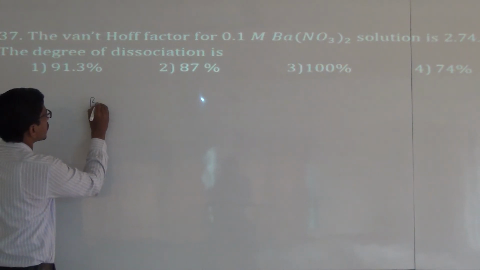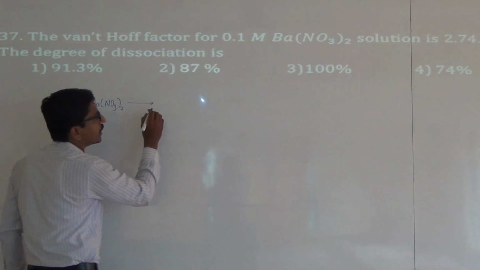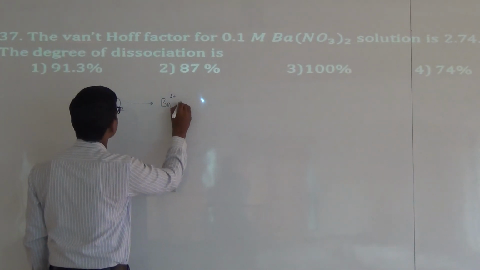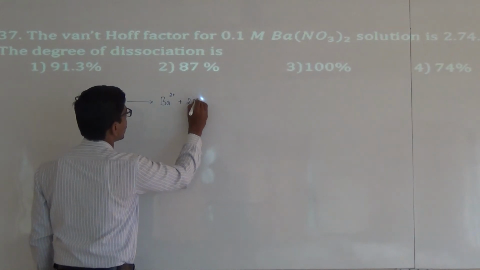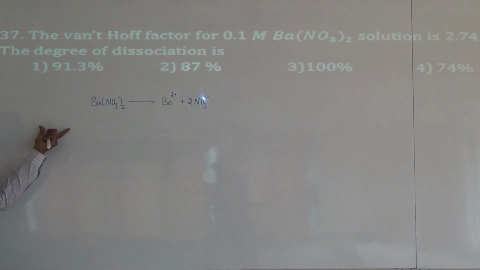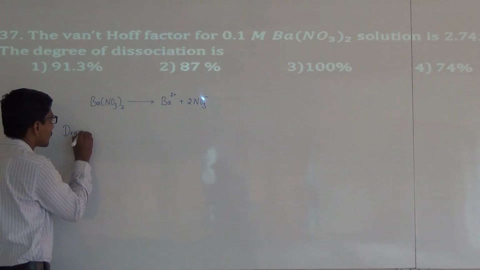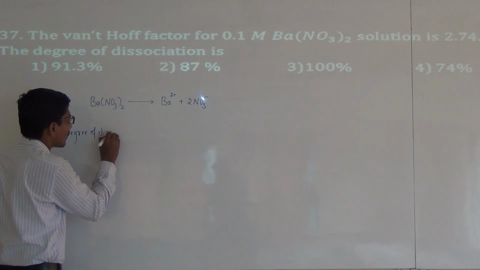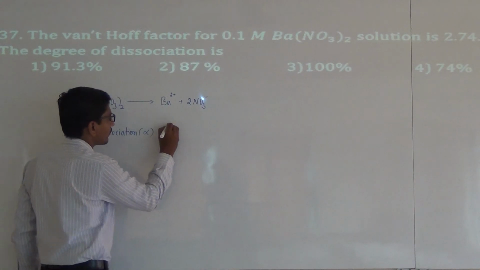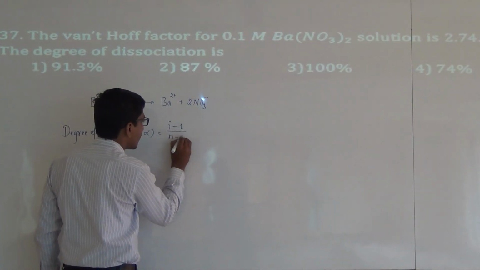Barium nitrate in aqueous solution, Ba(NO3)2, is dissociated into Ba2 plus and 2NO3 minus ions, and the degree of dissociation can be calculated by using the formula, degree of dissociation, that is represented by alpha, is equal to i minus 1 divided by n minus 1.